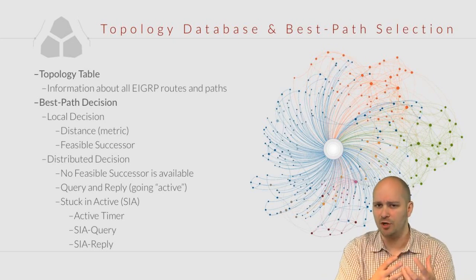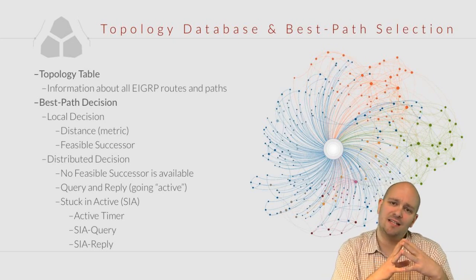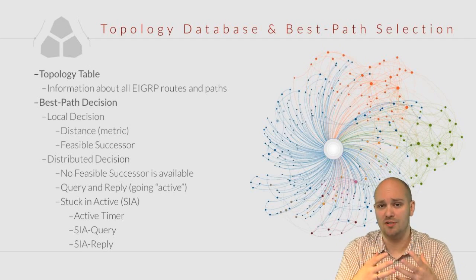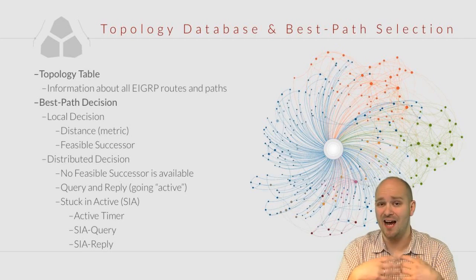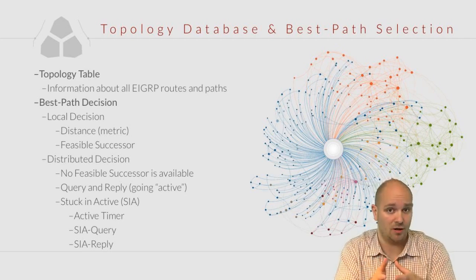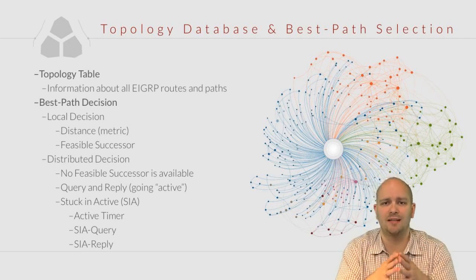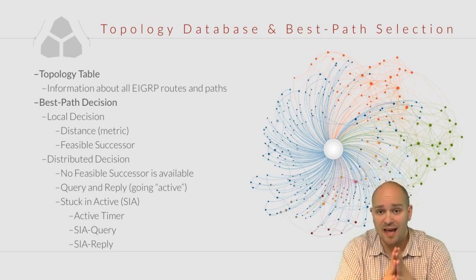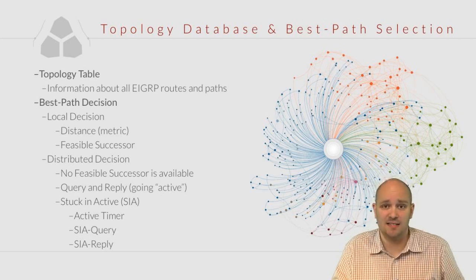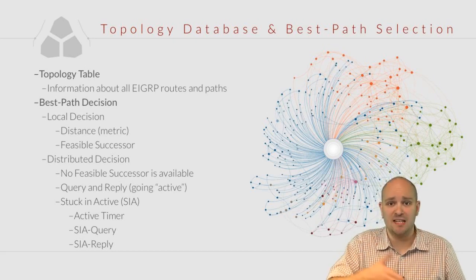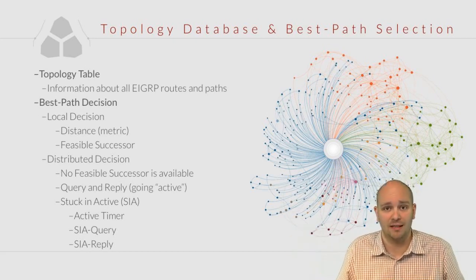Now what I mean by first time is the decision that needs to be made is not a result of this route disappearing from the routing table and us needing to find a replacement route for it. But this is the first time that the route showed up. We had no prior knowledge of this particular route. In that case, the decision is going to be very simple. Let's insert this route into the routing table.